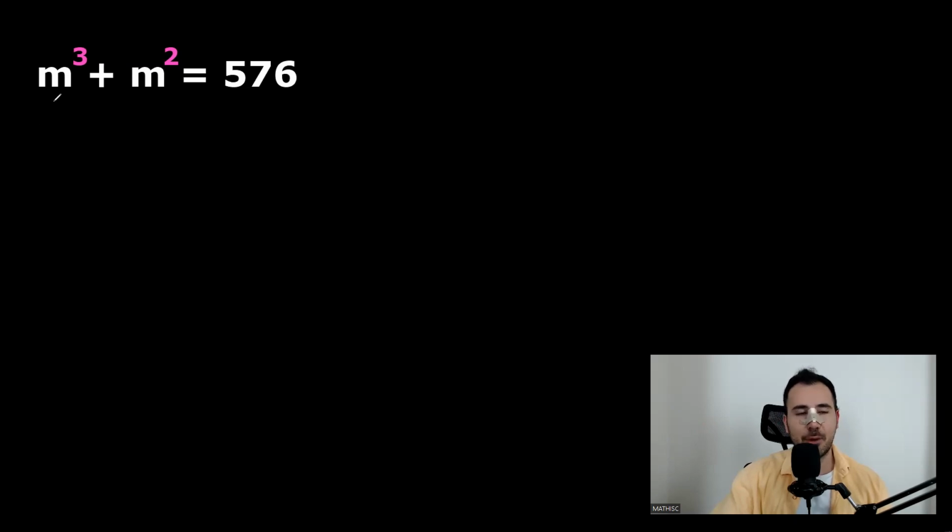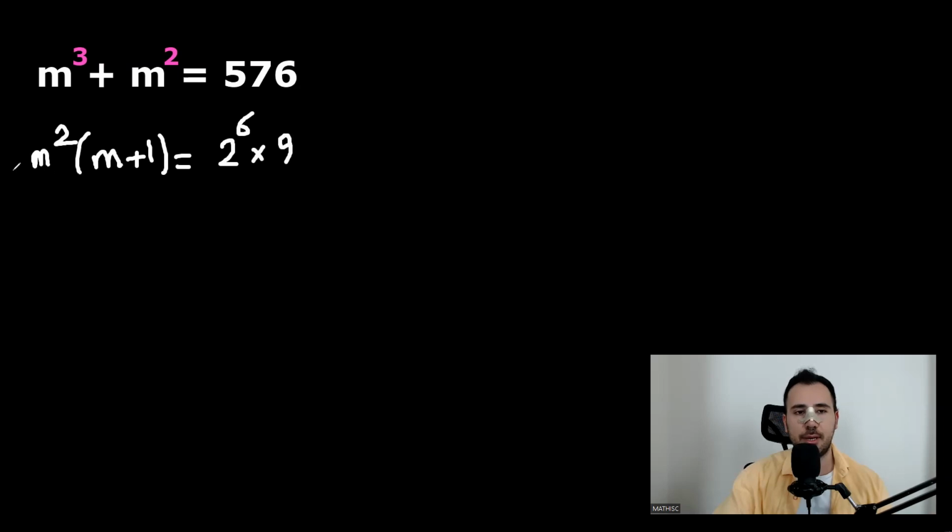Okay, now let's begin working on the equation. I could write the left-hand side as m squared equals m plus 1, right? And the right-hand side, I will do prime factorization, writing it as 2 to the power of 6 multiplied by 9.